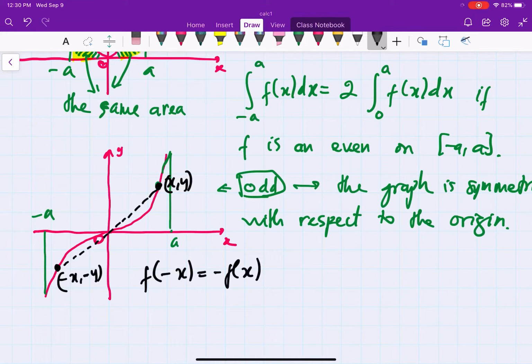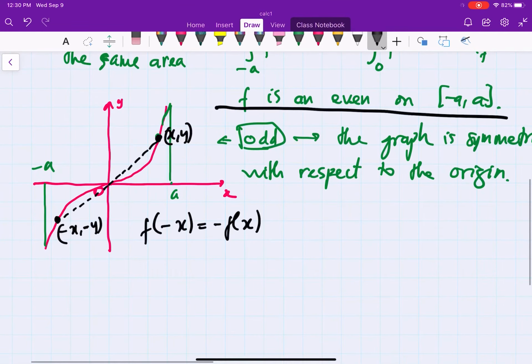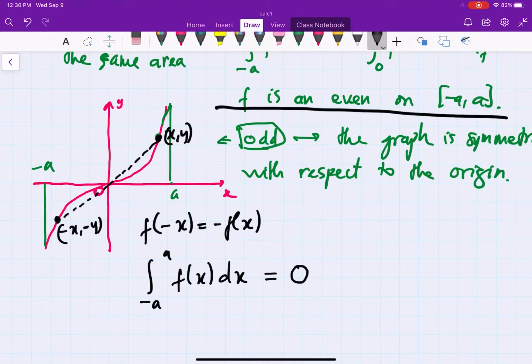Does that make sense? So when you integrate an odd function on negative a to a, on some symmetric interval, you would get just 0. Now this very simple observation sometimes helps us shorten the solution and save a lot of time.